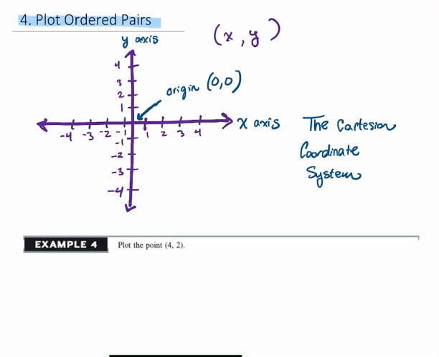It's attributed to Descartes. You may have read some philosophical works by him, maybe in a philosophy class, or you've probably heard of the phrase, "I think therefore I am," and that's attributed to Descartes. But he also did a lot of work in mathematics, specifically in bridging algebra and geometry, and that's part of where this coordinate system comes into play.